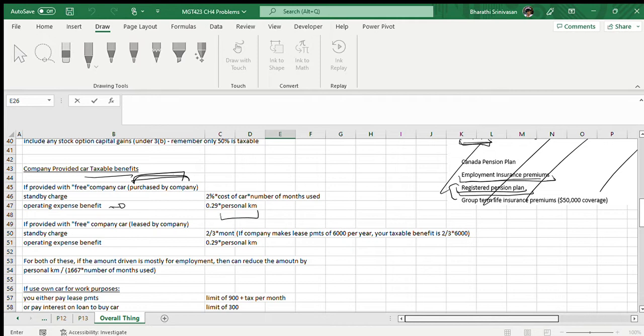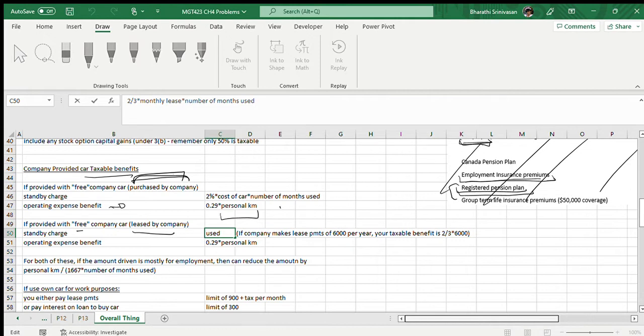Okay, the next one is if you're given a free company car and it's leased by the company, then your standby charge is different. It's 2/3 times the monthly lease times the number of months it's used. Same thing over here for the number of months used. But this thing sort of calculates the entire annual lease. For this entire year, how much lease payments have you paid?